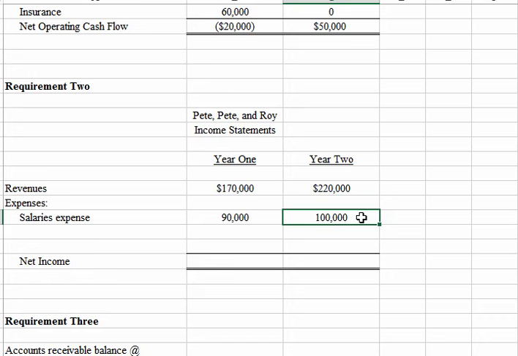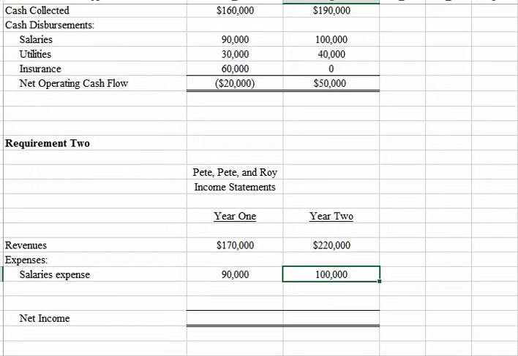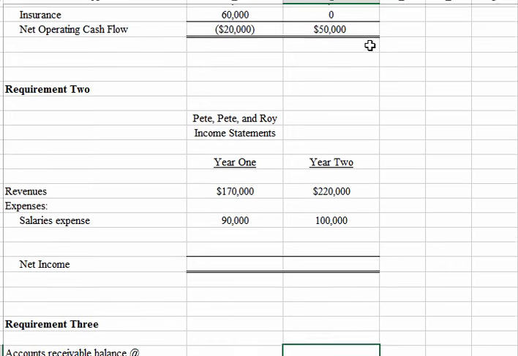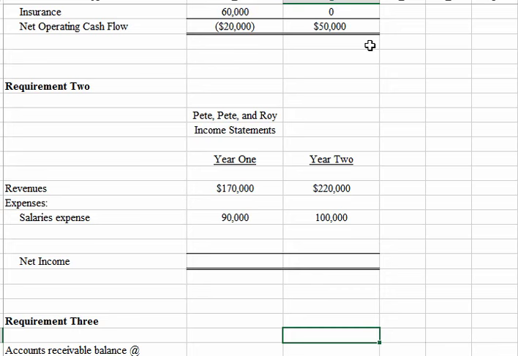So the salary expense would not always be equal to cash paid out for salaries, but in this case it was, because the salaries paid to employees were for services rendered during that specific year. Okay, so there's no difference. Okay, next, let's go to utilities expense.